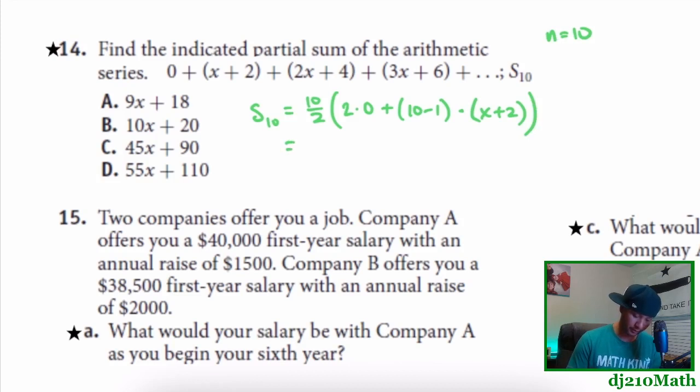All right, so this is going to be 5 times 2 times 0, which is 0. That's nice. Plus 10 minus 1, which is 9, times x plus 2.